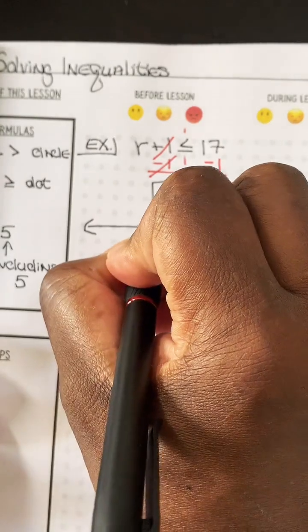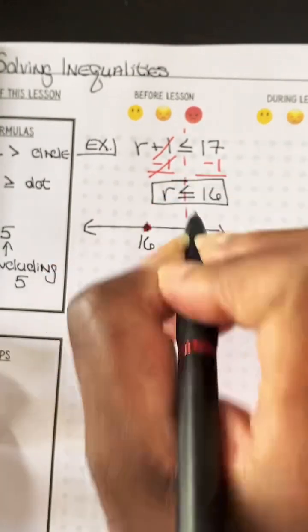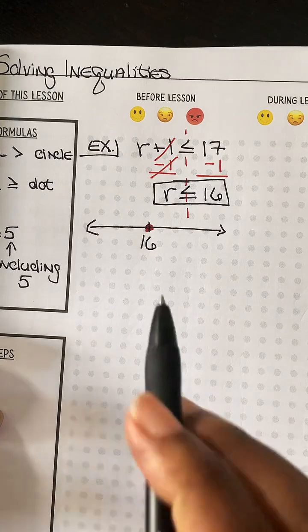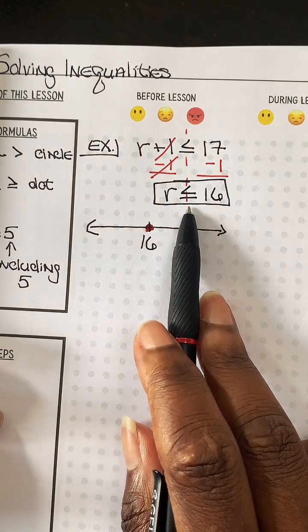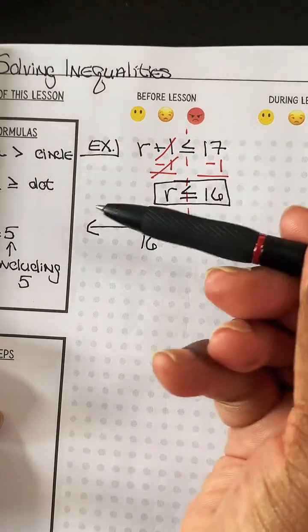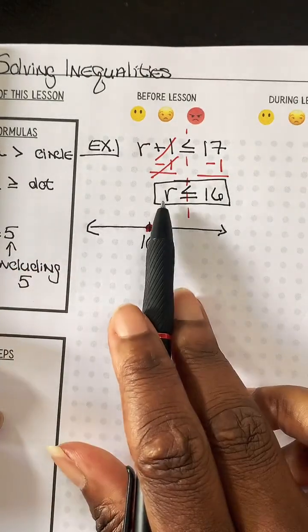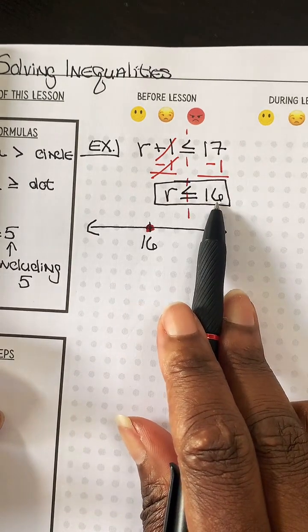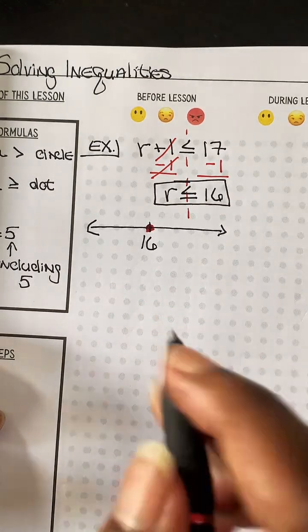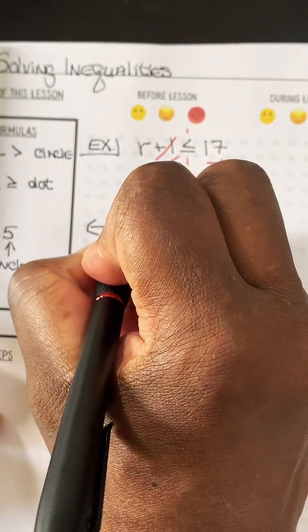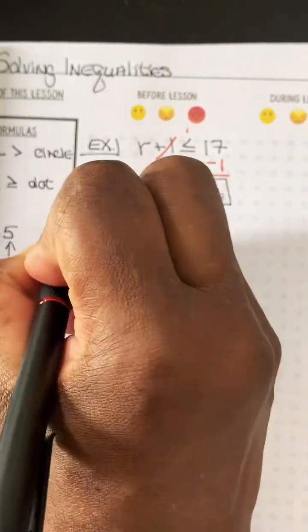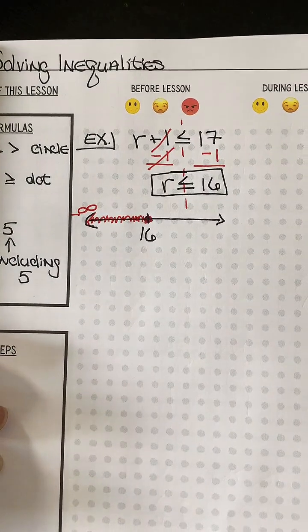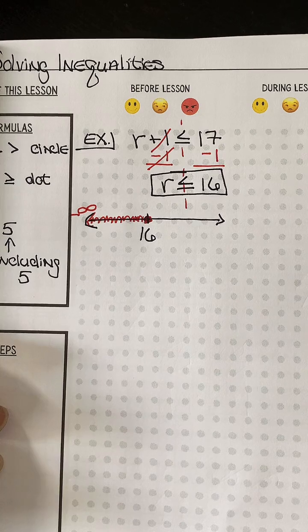So I'm putting a dot on 16. Now, which way am I going to shade? If it is less than, I'm going to shade to the left, because this is saying numbers that are less than or equal to, or including, 16. So I am shading all the way to negative infinity. Easy peasy.